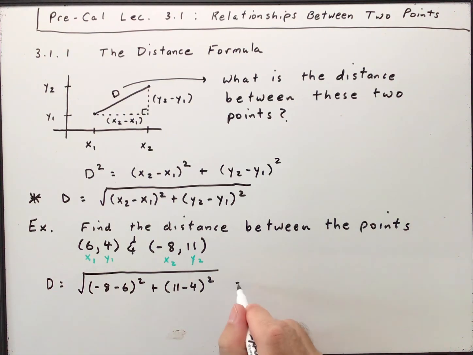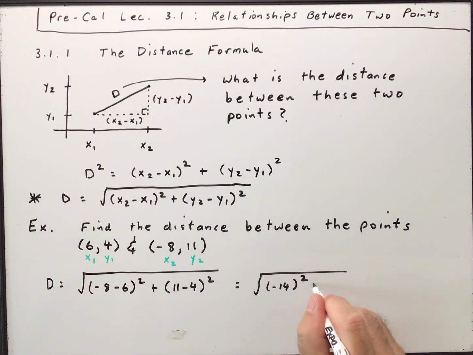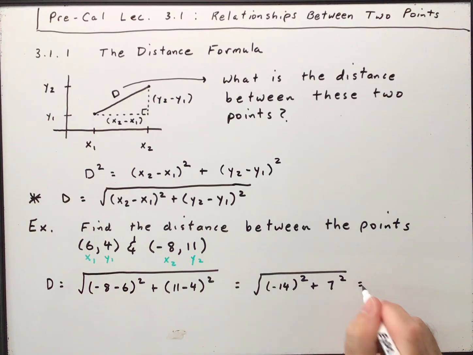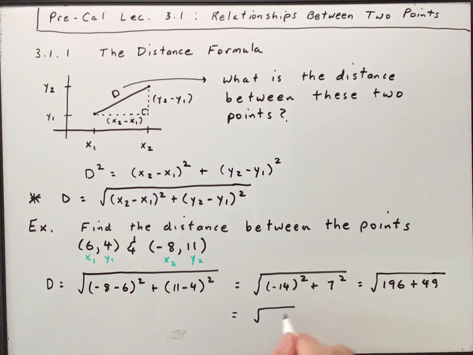All right, so that's going to be the square root of negative 14 squared plus 7 squared, which would be the square root of 196 plus 49. And you wouldn't have to show this much work. And that is equal to the square root of 245, which is totally fine.